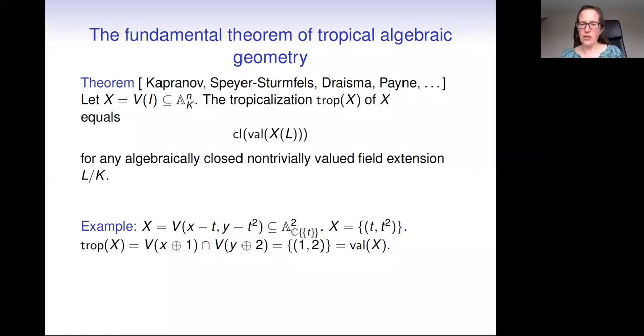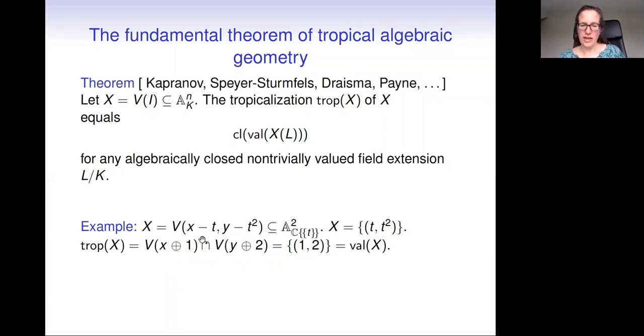This definition, you could say, is tropicalize the points. And the fundamental theorem is we get the same answer no matter which one we do. So you can see some of the equations are x plus 1 and y plus 2. A priori, we have to take an infinite number more. It turns out in this case, a finite intersection is okay.